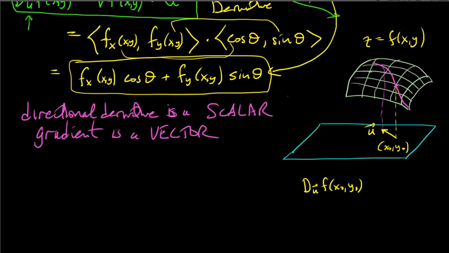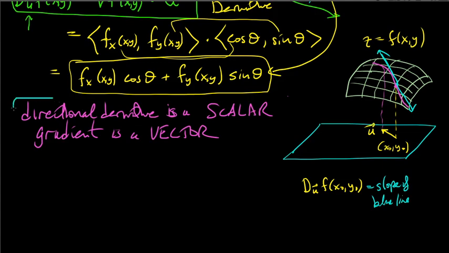And then I take the slope of the tangent line to that curve, and that's what gives me my directional derivative. So it's the slope of this blue line. It has a rise and a run. So rise over run. I hope that picture helps a little bit.